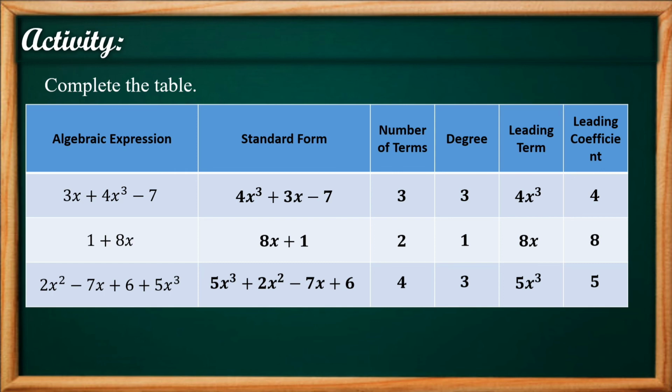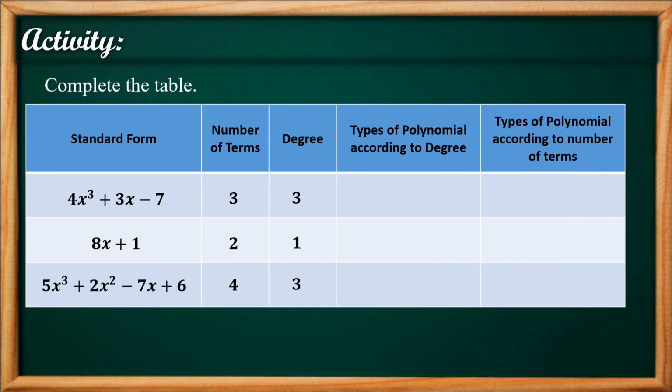How about classification of the polynomials? So, type of polynomials according to the degree and according to the number of terms. Alam na natin ano yung number of terms ng bawat given natin. Alam na rin natin yung degree of polynomial. Okay. Number 1. The degree is 3. Then it is cubic and the number of terms is 3.